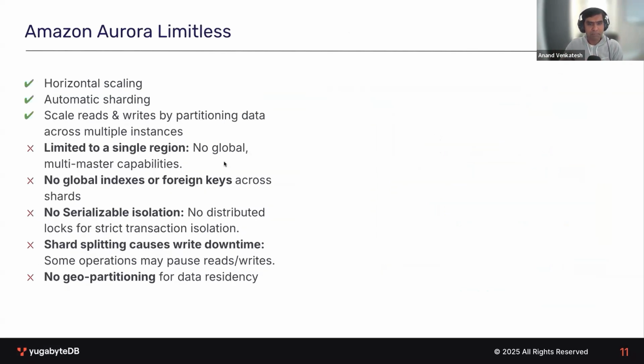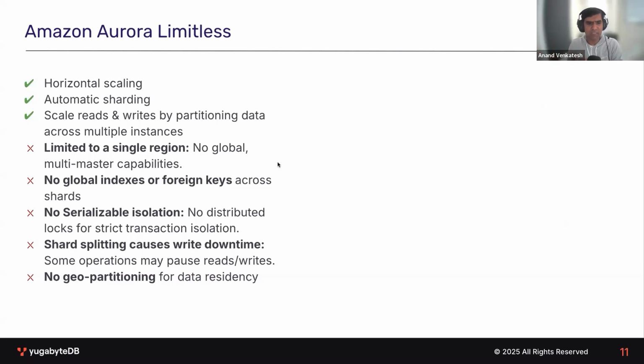Let's look at Amazon Aurora Limitless pros and cons. Essentially, the Limitless service enables horizontal scaling for reads and writes within a region, and it increases the write throughput, right? It also ensures transaction consistency by distributing data and queries across multiple serverless instances.